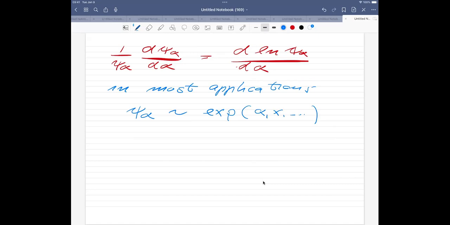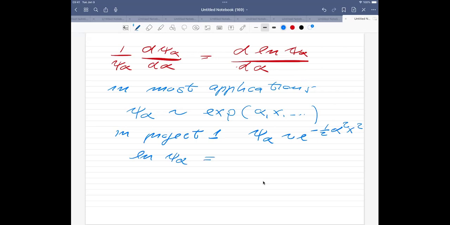So in our explicit case, in project 1, for the harmonic oscillator, psi of alpha is e to the minus 1/2 of alpha squared x squared. And then ln of psi of alpha is nothing but minus 1/2 of alpha squared times x squared. So calculating the derivative of that quantity becomes much easier. This is an advantage of the parametrizations which we do.